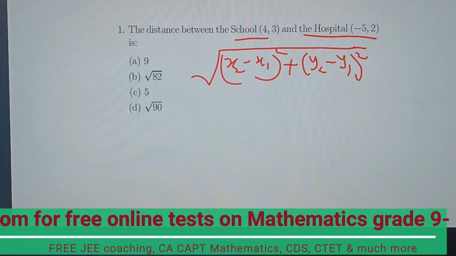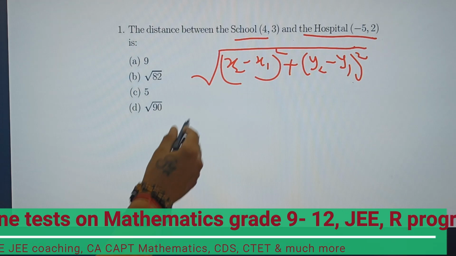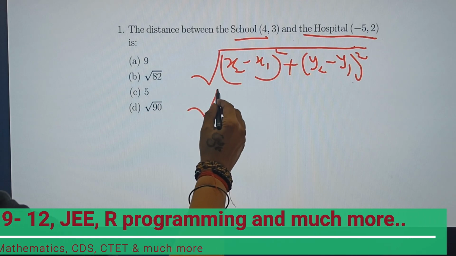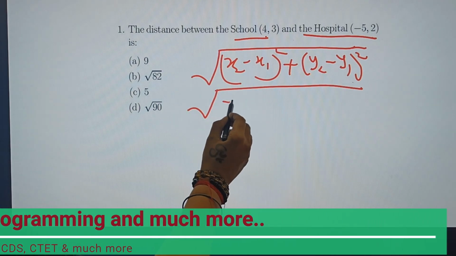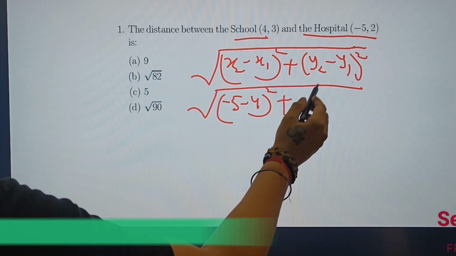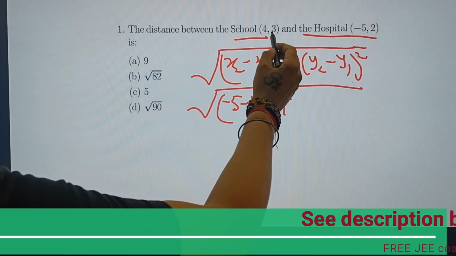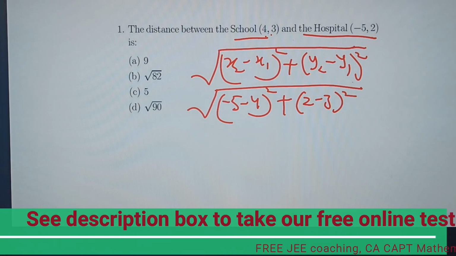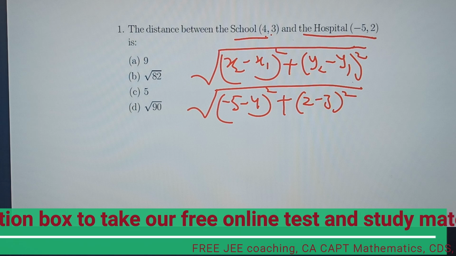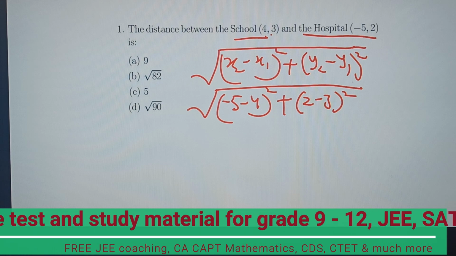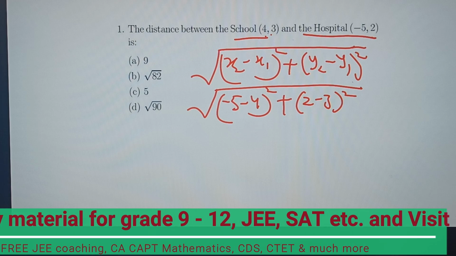We have to apply this, where x2 is -5 and x1 is 4. Therefore this will become (-5 minus 4) whole square, and y2 is 2 and y1 is 3, so (2 minus 3) whole square. After simplifying this, you are going to get the distance between these 2 points, school and hospital.